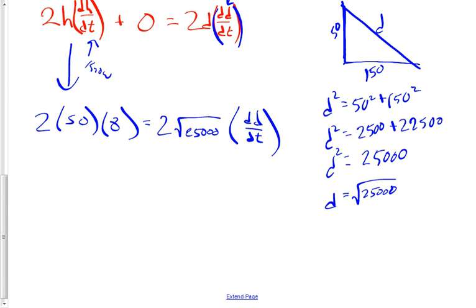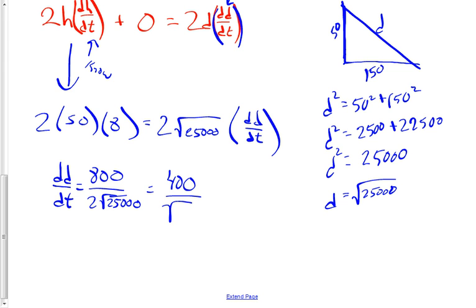How do I solve for dD/dt? Divide. So this is 2 times 50 is 100 times 8. That's 800, right? So dD/dt is equal to 800 over 2 square roots of 25,000, aka 400 over the square root of 25,000.